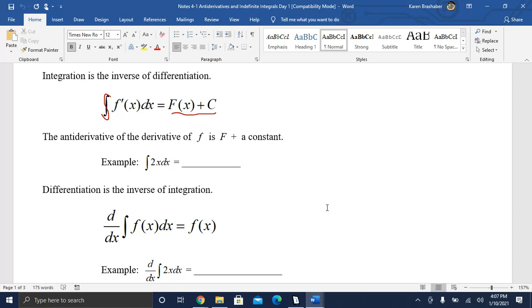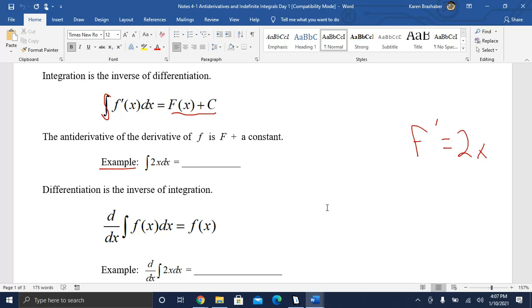So just to do a quick illustration of this, without showing you any kind of formulas, let's just think about this first example, the antiderivative of 2x with respect to x, 2x dx. Well, you have to think about what function would have a derivative of 2x. So what would give you f prime equaling 2x?